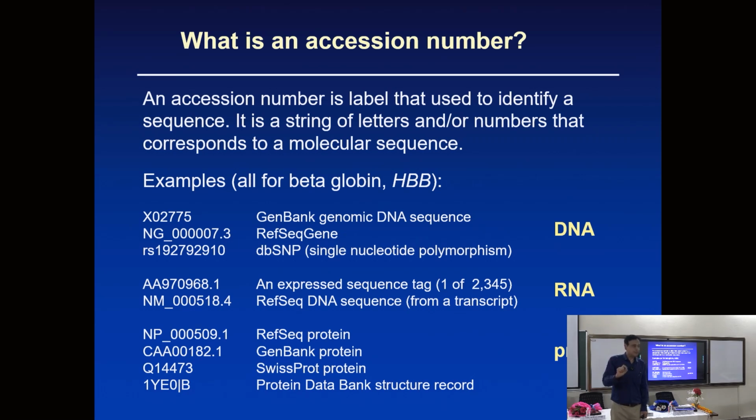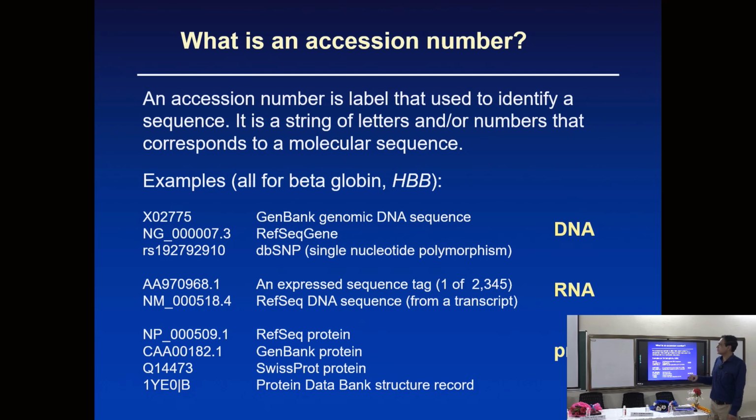If you are not able to get RefSeq data, then you can download some other data. So for DNA, it starts with the letters NG, G for genomic, then an underscore, and then some numbers. So this is for DNA.